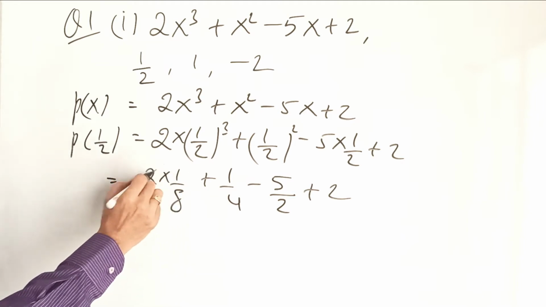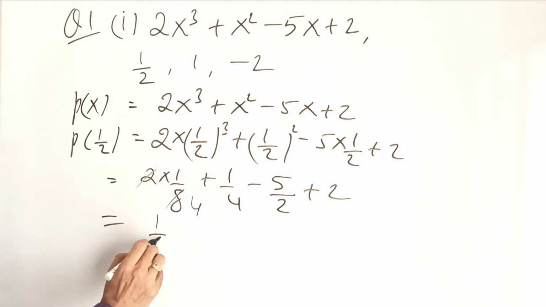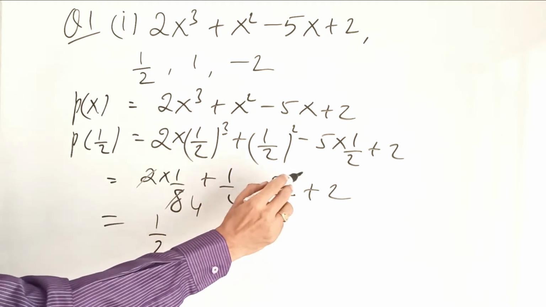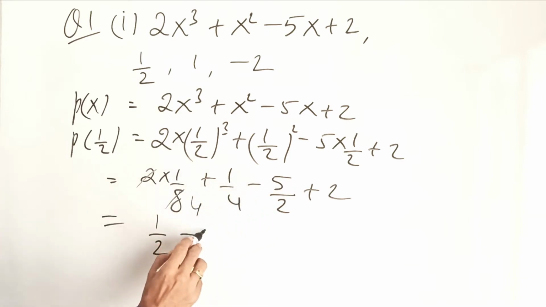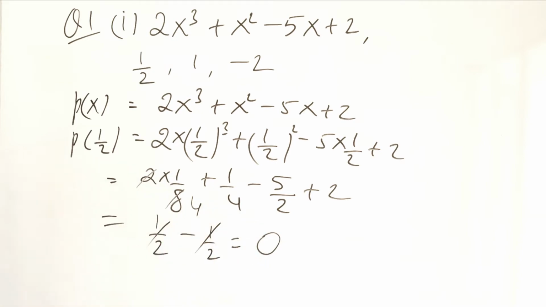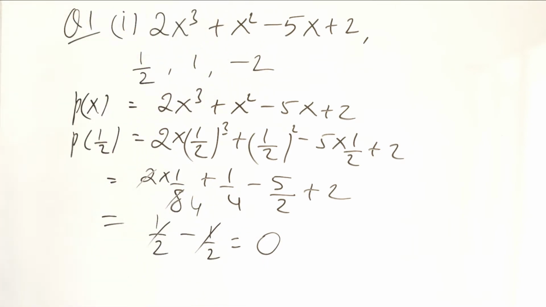Okay students, 1 by 4 plus 1 by 4 means it will be 1 by 2, and subtract minus 5 by 2 plus 2, this is minus 1 by 2, so it is 0. So we verified that 1 by 2 is a zero of this polynomial.